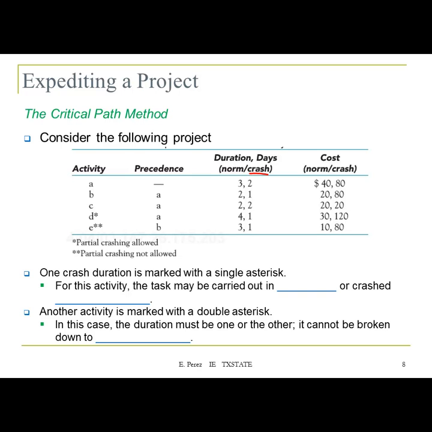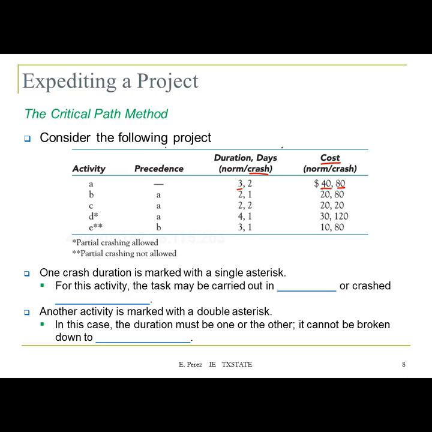We also have a cost associated with each duration. So for norm, for example, activity A, it will take $40, and for the crash duration, it will take $80.